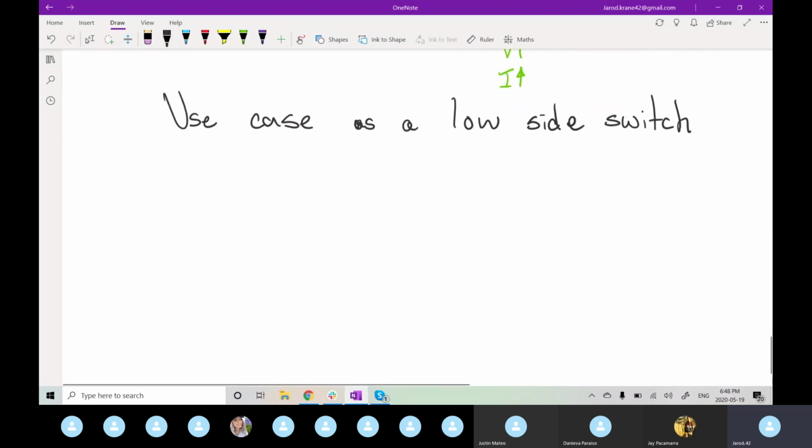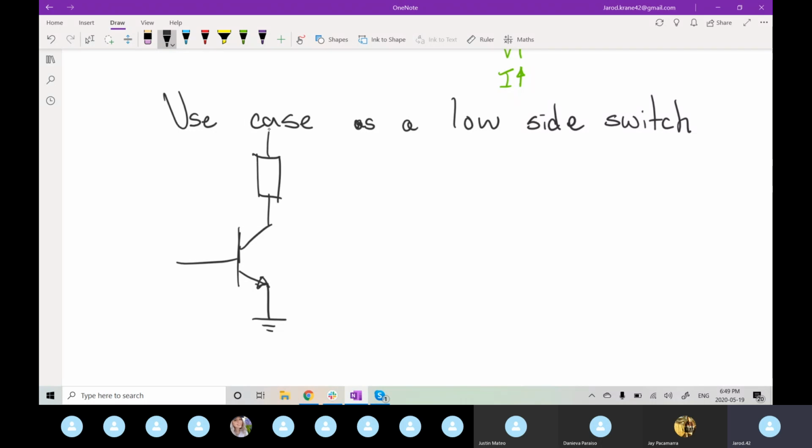So what this means is you'll have your transistor and you'll send the emitter to ground, and whatever load you want to be energized will be above it.